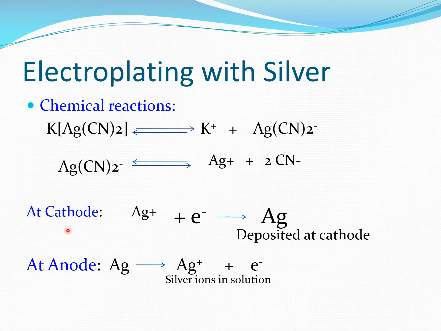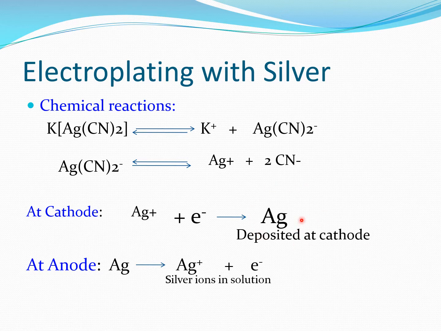Now the reactions at cathode and anode. At the cathode, the positively charged silver ions migrate towards the cathode and are discharged as metallic silver atoms, which are deposited at the cathode.